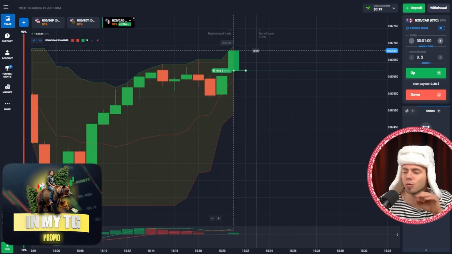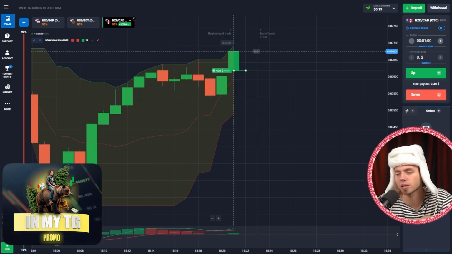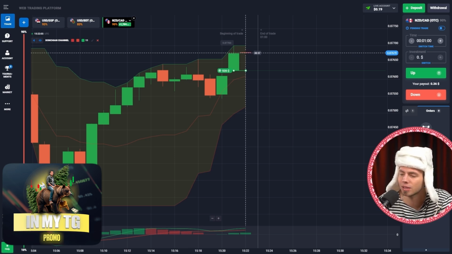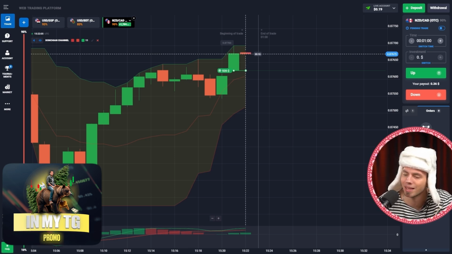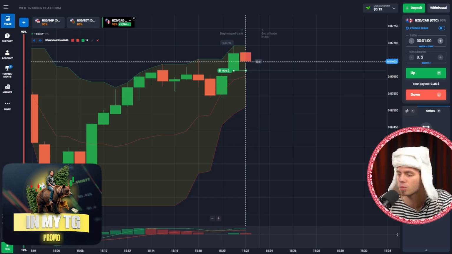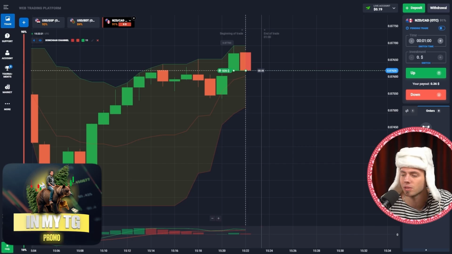We may reach another maximum, for example, and the price will reverse from it, because it will be a very strong resistance level, and we will go back to the middle line of the channel, and then the price will test it maybe once or twice, and it will break down through this line. Quite a possible situation. But at the moment what we see is still the upgoing trend, despite the candle right now being red.